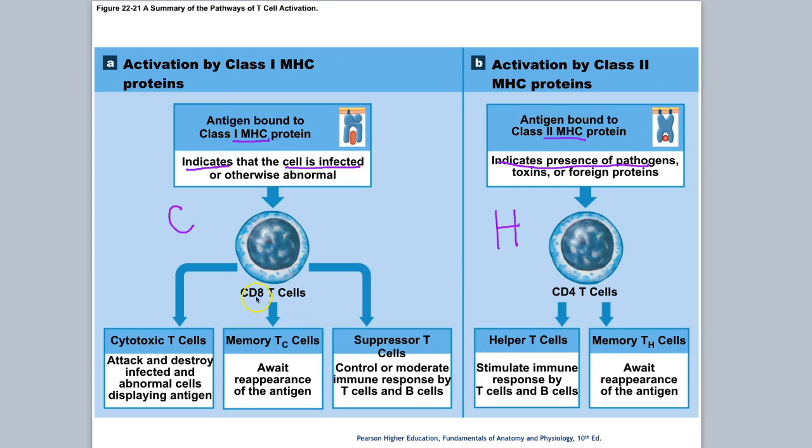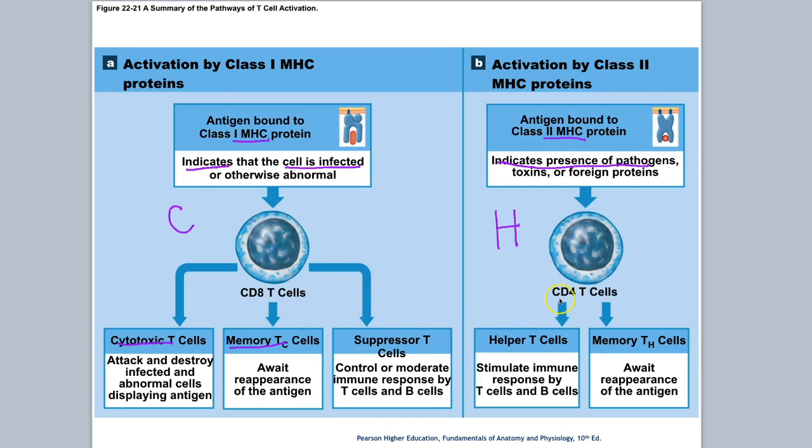Once our cytotoxic T cell becomes activated, we get a whole bunch more cytotoxic T cells, some memory T cells, and we do get suppressor cells. Don't worry about this one right now. You just know what they are. You don't have to know that they're produced in this process.